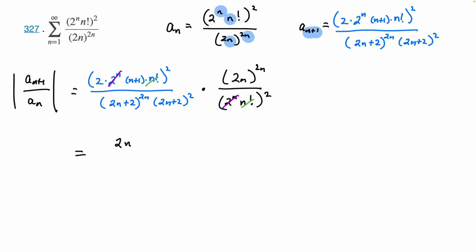We'll have 2n plus 2 quantity squared times 2n to the 2n. And then I'm going to take this guy and place it over this guy, but that's just 1. So then this guy, let's place it over this guy, and then we can separate out. We can place this underneath, and then we can see that'll give 1. So that goes away. Then we need to copy this guy down.